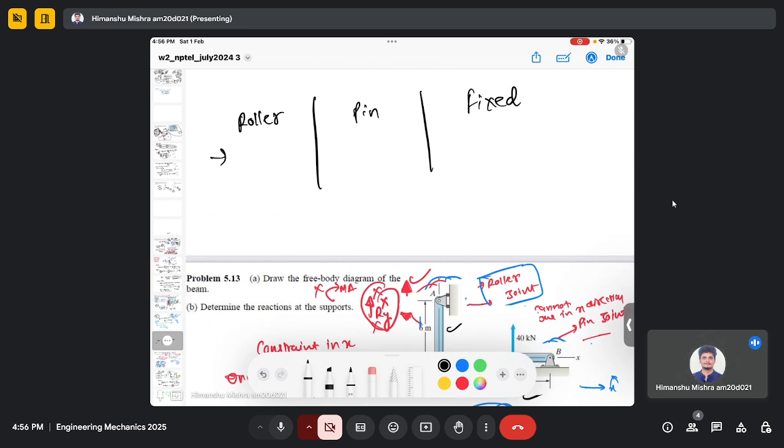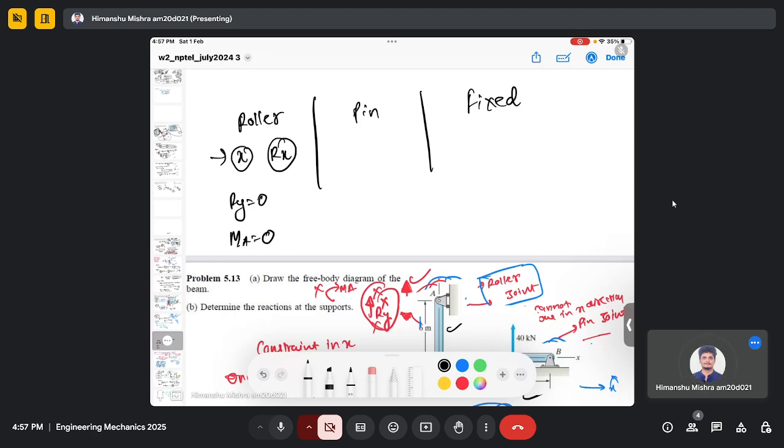So if it cannot move in the x direction, then you have only a reaction force in the x direction. It cannot move in the x direction, so you have only reaction force Rx. And in the y direction it can move, so Ry is 0, and it can also rotate, so Ma is 0.